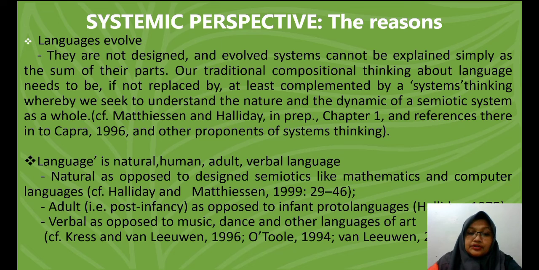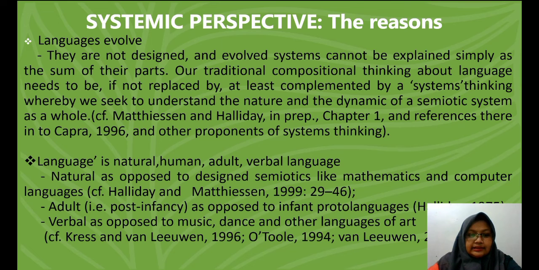Language is a natural, human, adult, verbal language. Natural here means language as opposed to designed semiotics like mathematics and computer languages. It is from Halliday and Matthiessen, pages 29 to 46.